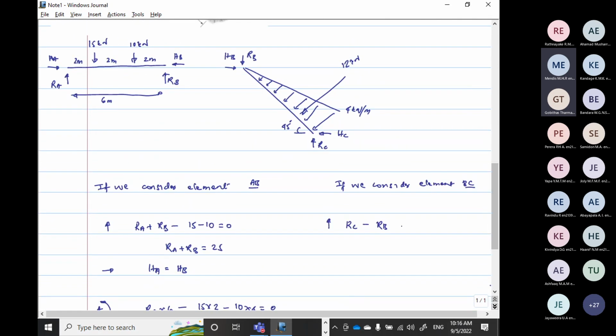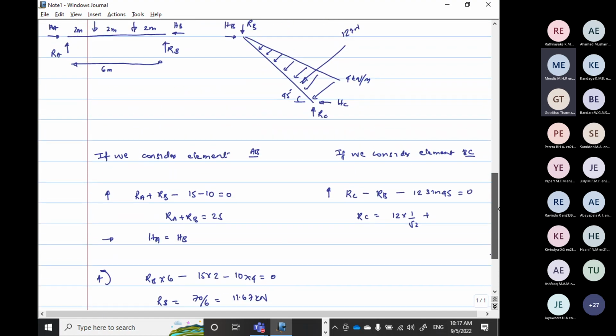So RC minus RB minus 12 sin 45 is 0. So RC is 12 sin 45, which is 12 into 1 over root 2, plus RB. Already we have found RB as 11.67.